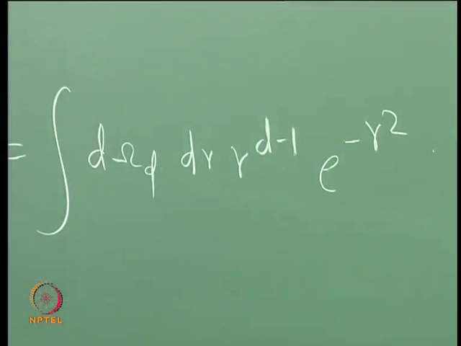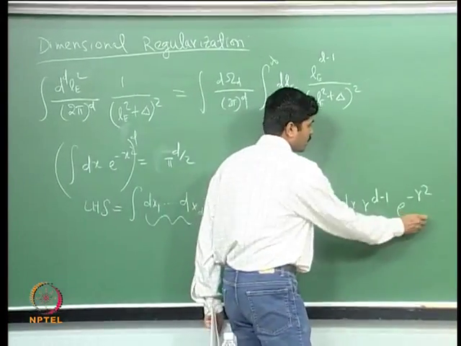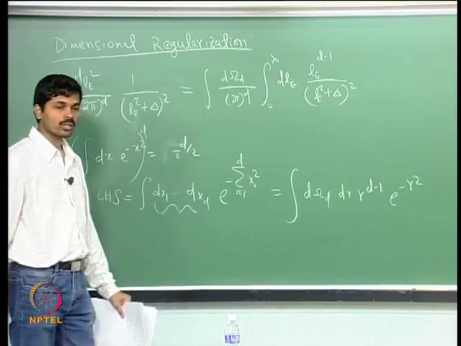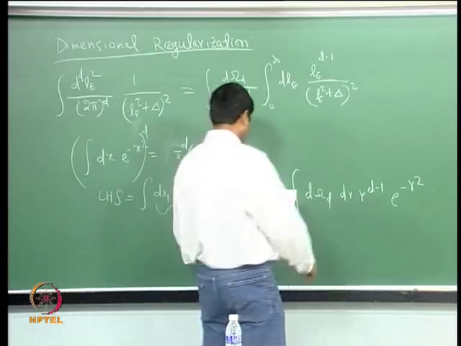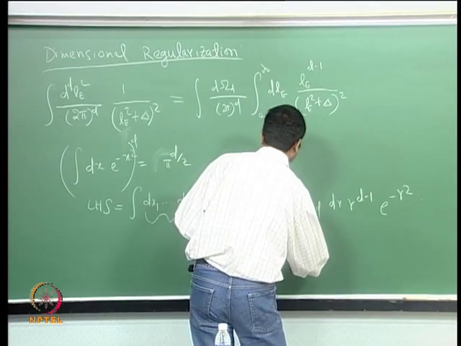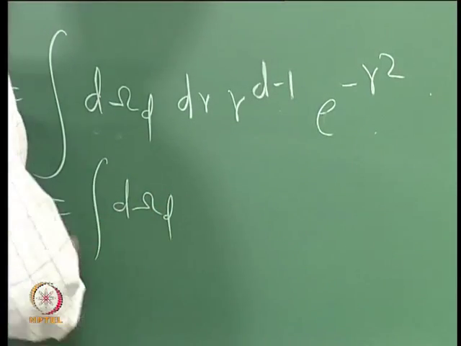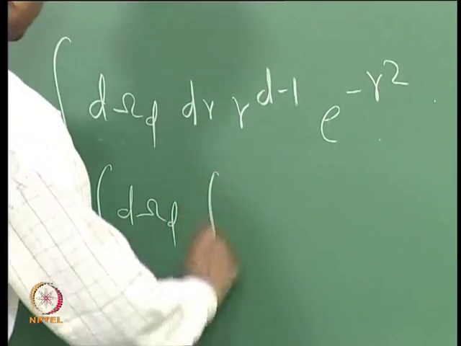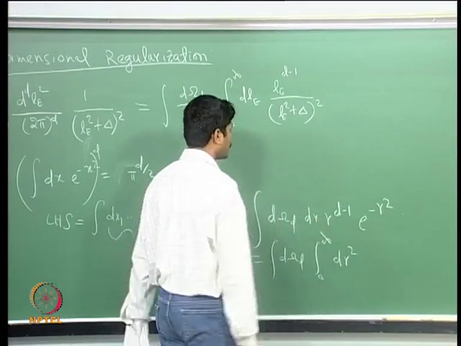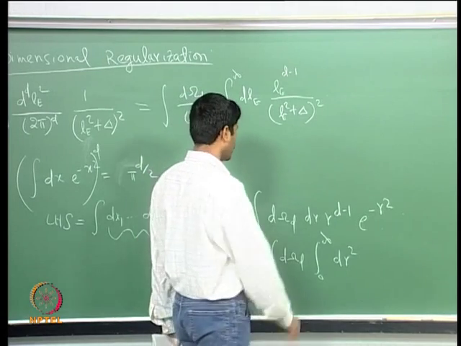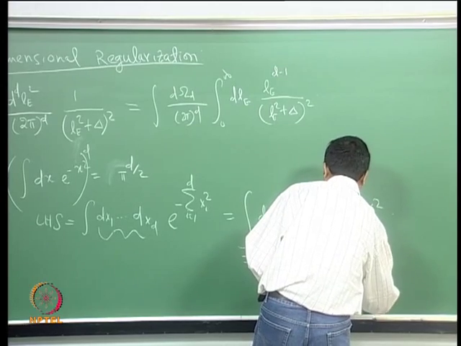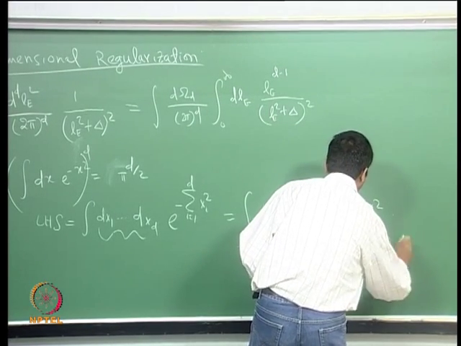Now, I can easily evaluate the r integration here, which is separate from the integration over all the angular variables. So, when I do the r integration, I can rewrite it as d omega_d integration times 0 to infinity. Instead of taking the integration variable to be r, I can take the integration variable to be r square, then it is r square to the power d by 2 minus 1.